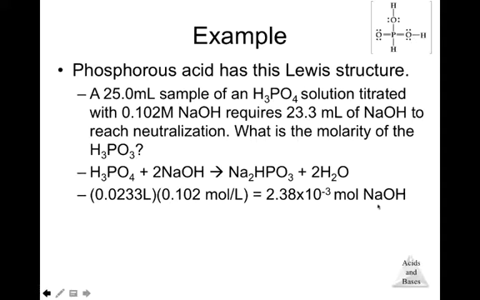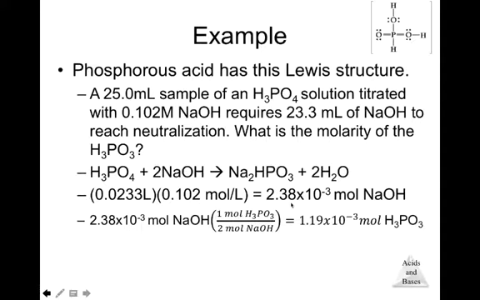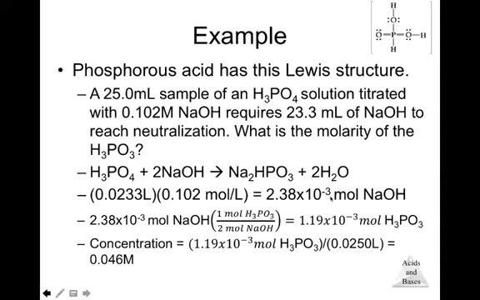So we know how many moles of NaOH we have. And so once we know how many moles of NaOH we have, we can figure out how many moles of H3PO3 we have. That's a typo, that should be H3PO3. And so therefore, we can figure out our concentration because we know how many moles we have, we know how many liters we have. So we have 0.46 molar H3PO3.